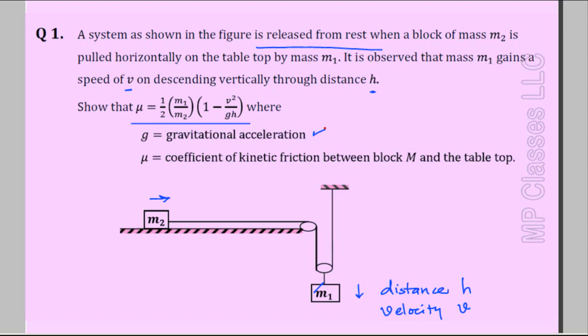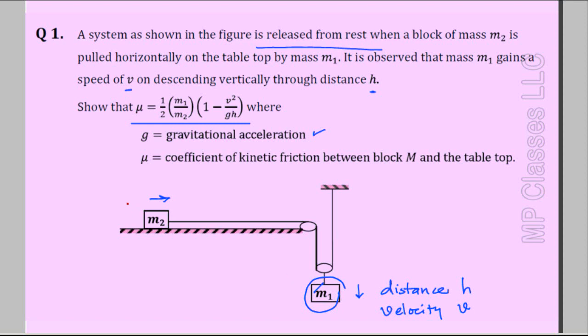We will do this problem, but before that we need to analyze how to bring and use the principle of conservation of energy. First thing, the block M1 is at rest, so its initial kinetic energy is 0.